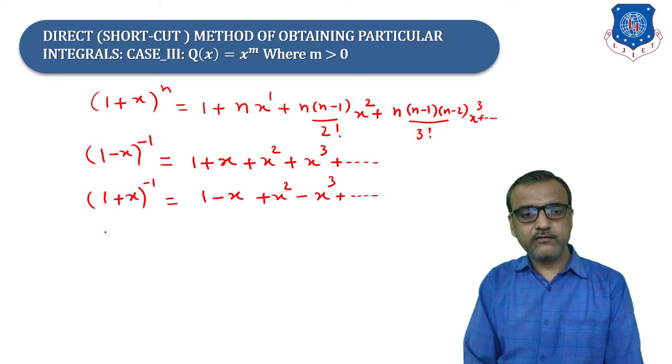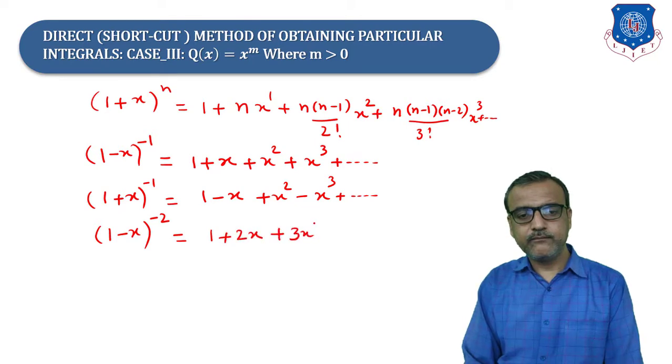Similarly, just remember the expansion of 1 minus x the whole raised to minus 2, that is 1 plus 2x plus 3x square plus 4x cube, and so on.